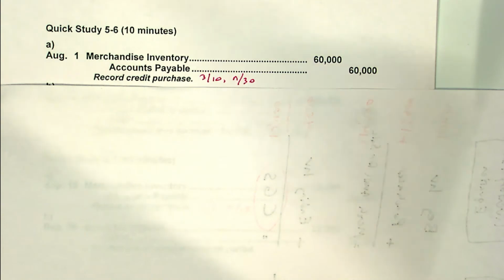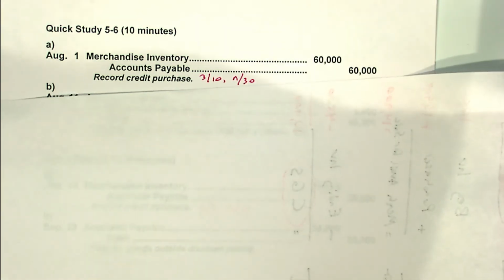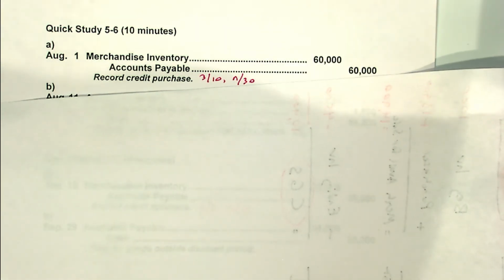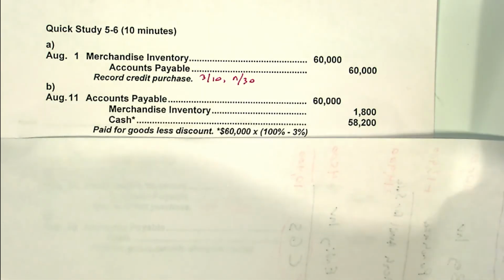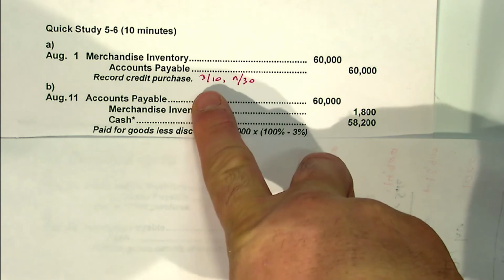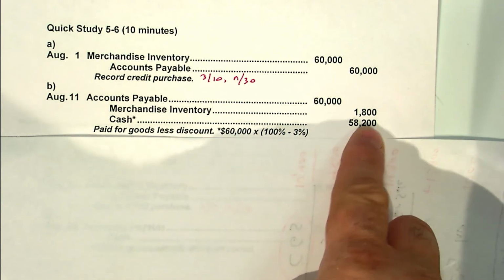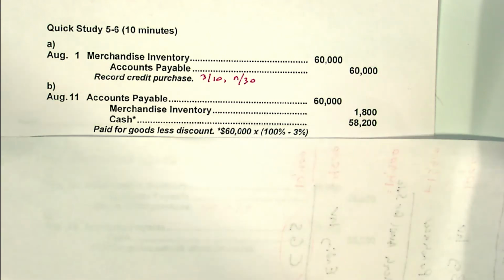So what day do we have to pay by to get that discount? August 11th. And what day do we pay? We pay on August 11th, so we get the discount. So we don't have to give them cash of $60,000. We give them cash of 97% because it's 3/10, right? So our cash is credited for $58,200, which is 97% of $60,000.